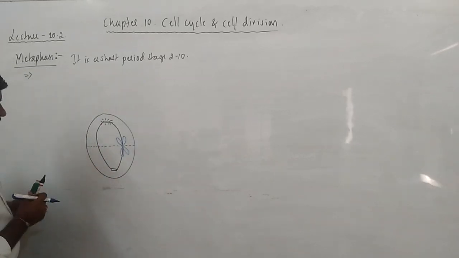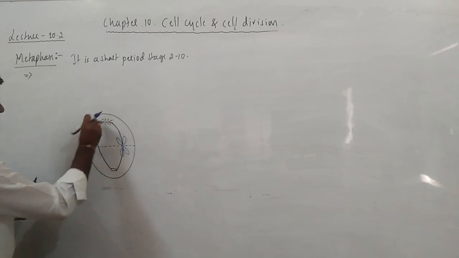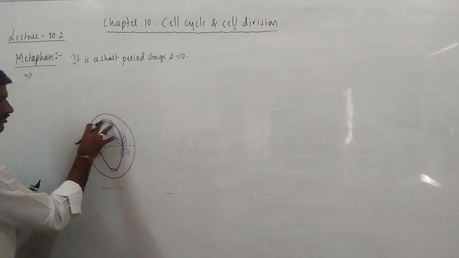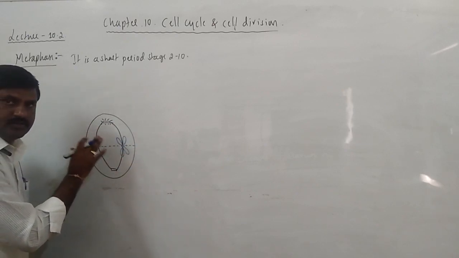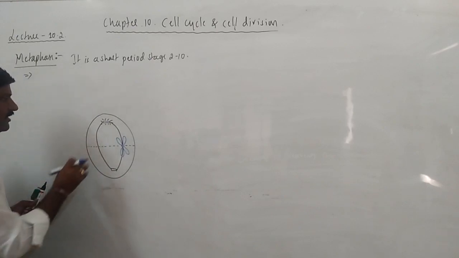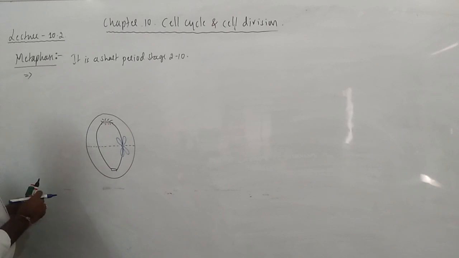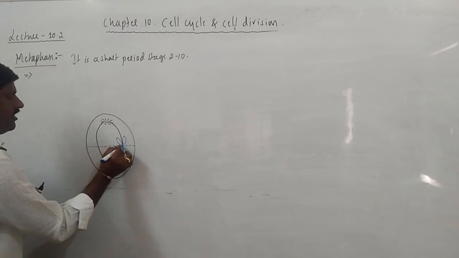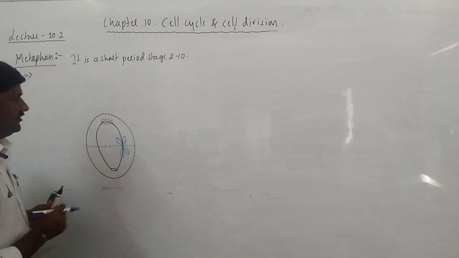What happens here? Across this cell, all the chromosomes are lying initially. So in the post-prophase stage, in the pre-metaphase stage, the attachment of these chromosomes to the spindle fibers takes place.